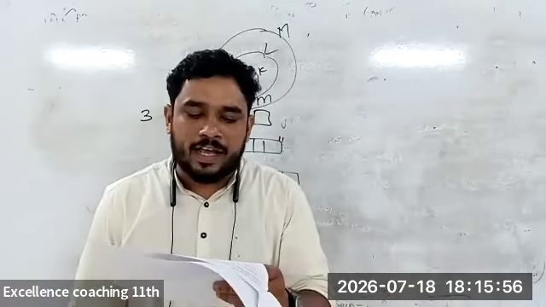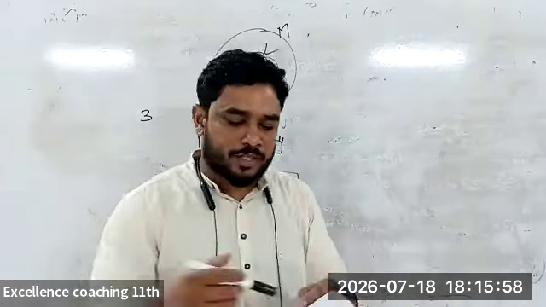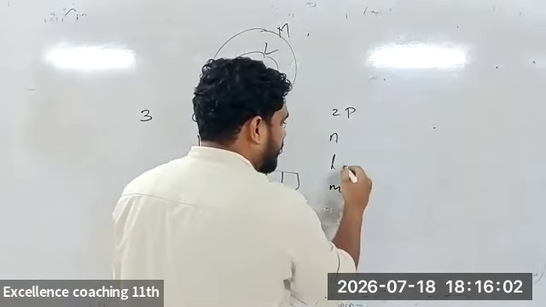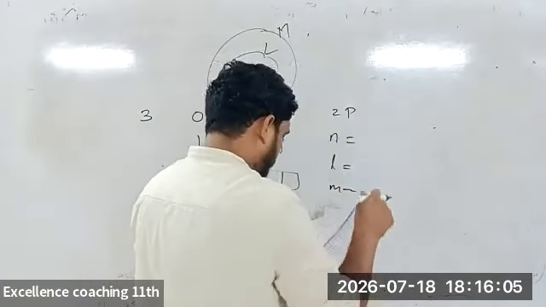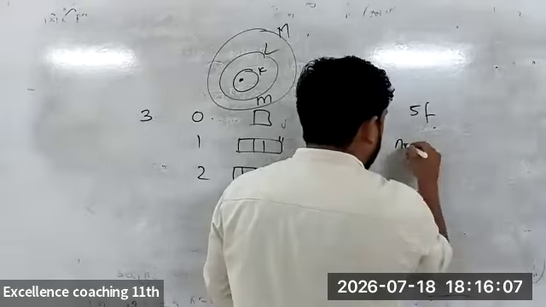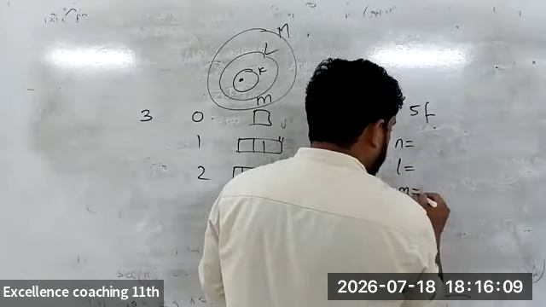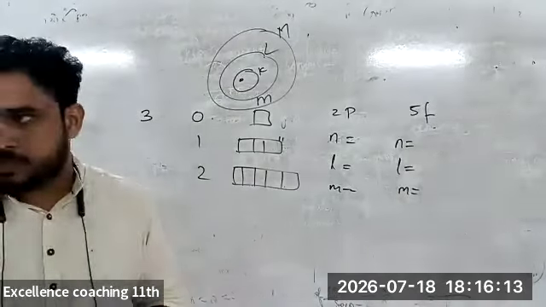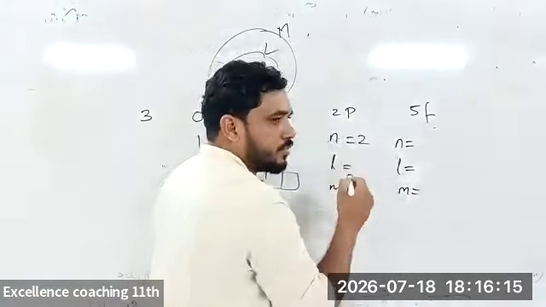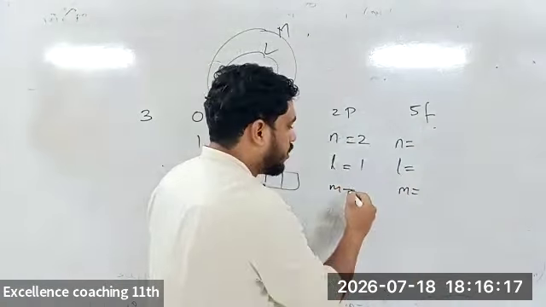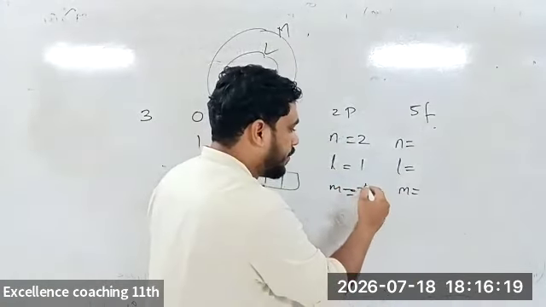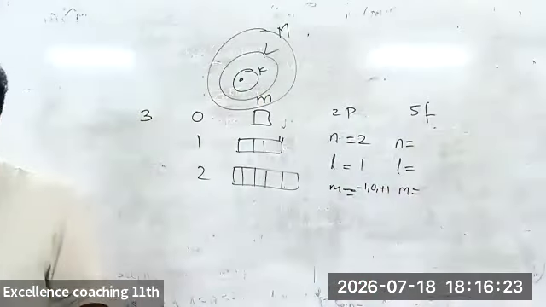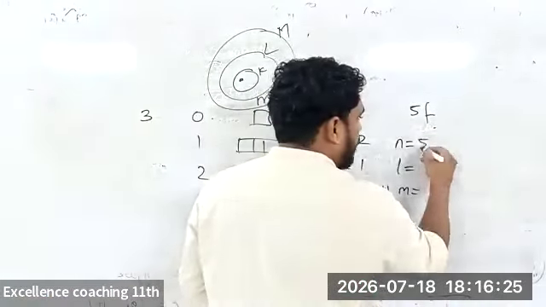Okay, write the n, l, m values for the given orbitals: 2p and 5f. For 2p, n is 2, l is 1, and m will be -1, 0, and +1. For 5f, n is 5.